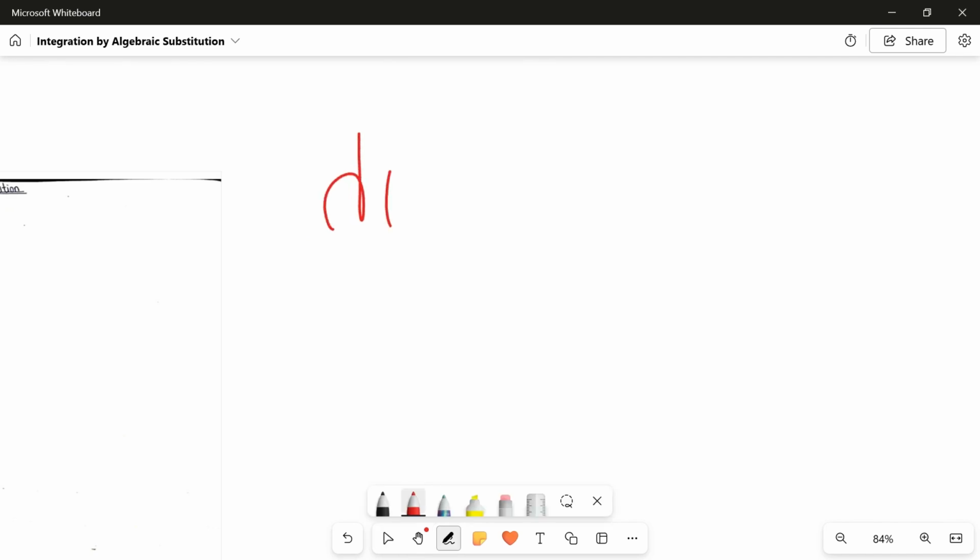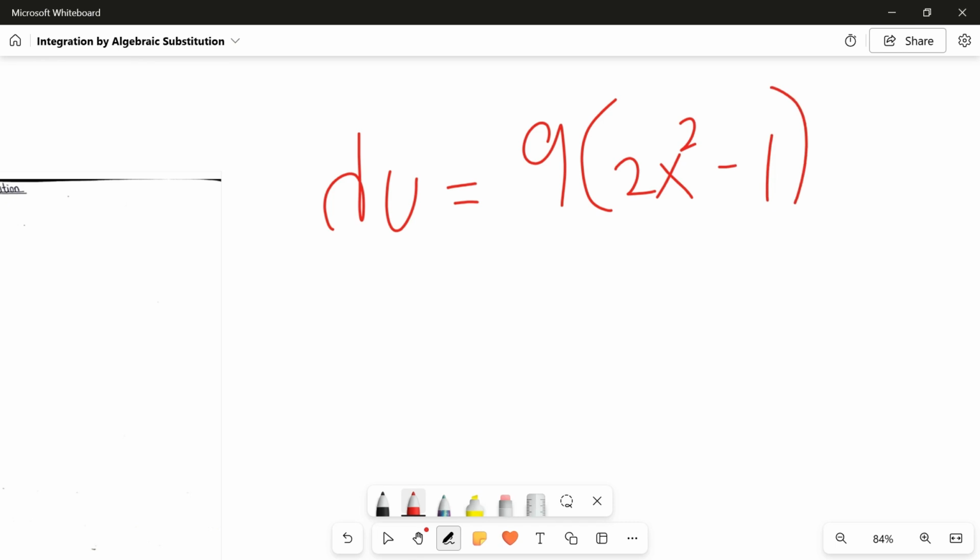Du is equivalent to, factorize 18x squared minus 9. You will get 9 into brackets 2x squared minus 1 dx. Okay?